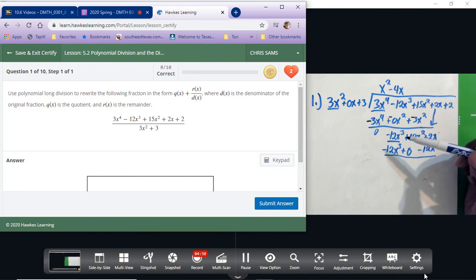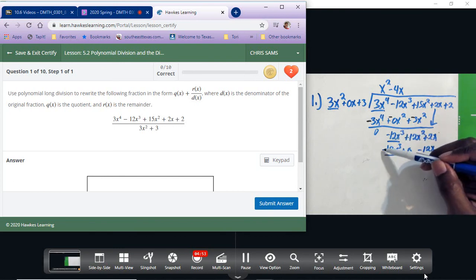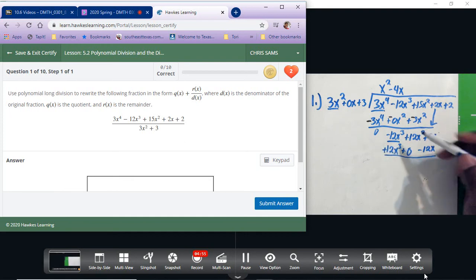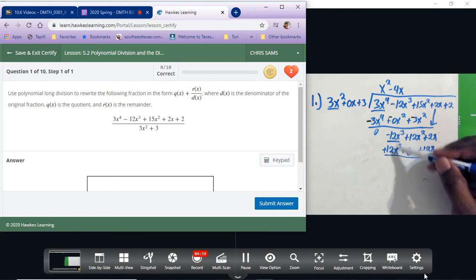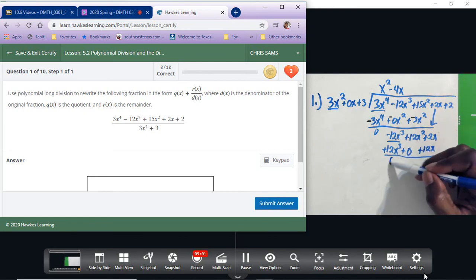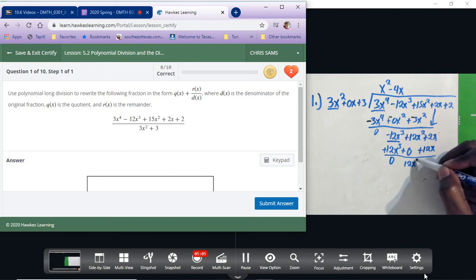And then we're going to change signs, so we're going to be adding. This becomes positive. This will become positive. And combine these, we get 0 here. This gives me 12x squared. Bring this down, will give us positive 14x. And then you bring down your last term, which is 2.